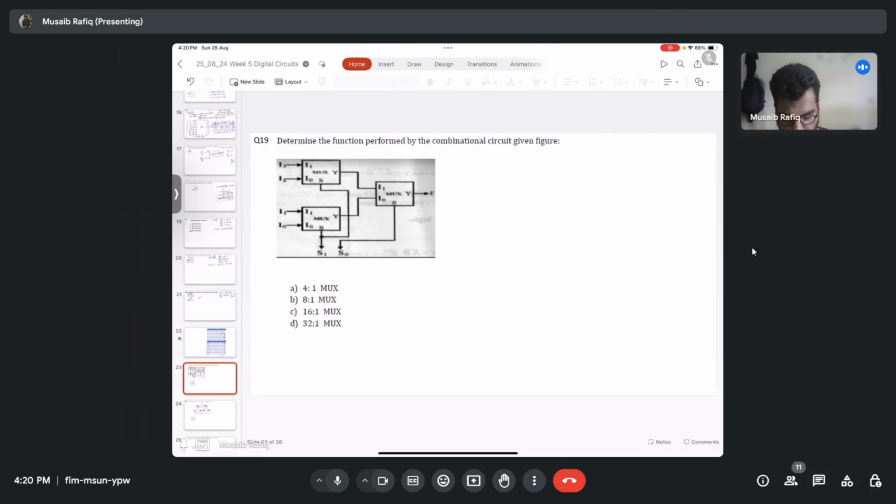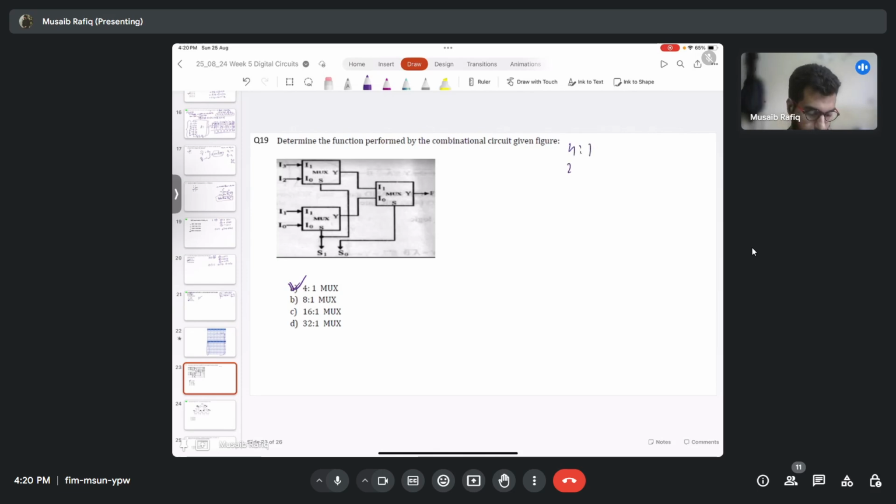Yes, it is a 4:1 mux. Simply, if you have to implement a 4:1 mux using 2:1 muxes, you will have 4 by 2 that is 2, and 2 by 2 that is 1, so you need a total of 3 2:1 muxes, 1, 2 and 3, and you'll have a 4:1 mux. For all other options, you need many more 2:1 muxes to implement that. So option A is the correct answer.